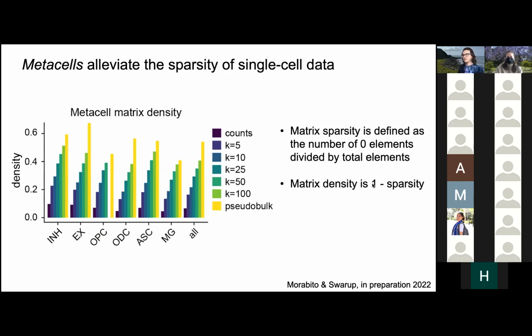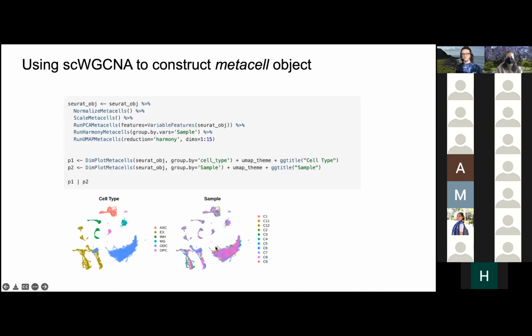I have a question. Go for it. Do you set a parameter for the percent overlap between the metacells? Do I? I don't think I do, but that is something that could be done.